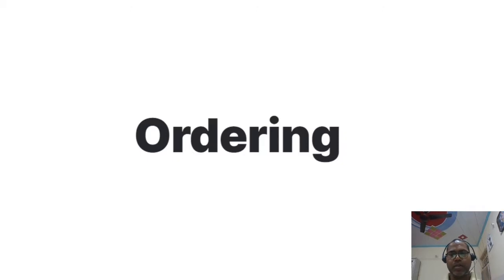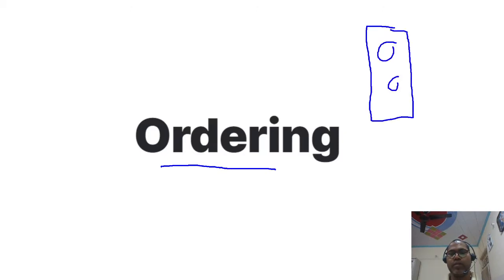Today I am going to discuss Kotlin collections and ordering. Let's say we have a list of objects: object 1, object 2, object 3. Sometimes we need to perform some ordering: order by name, order by age, order by some other attributes, or natural order, or a custom order.